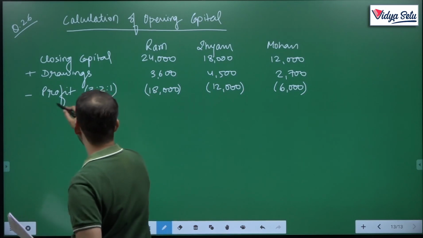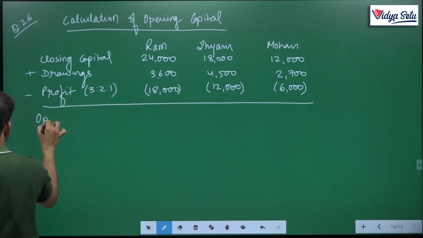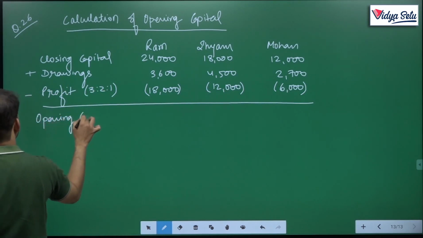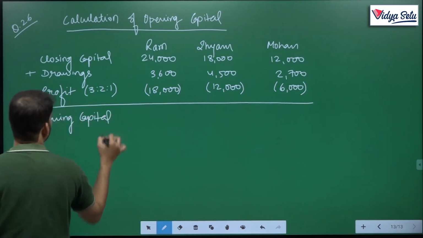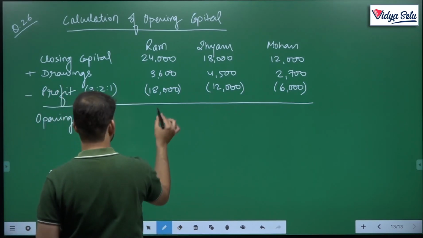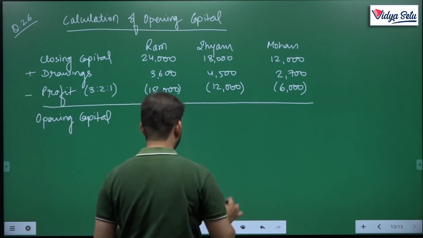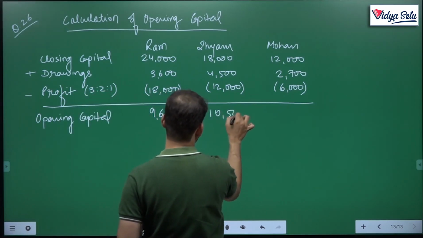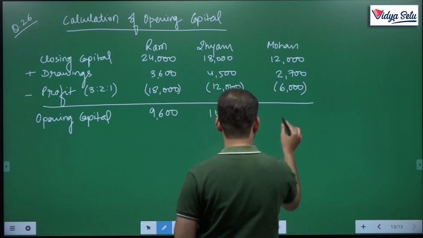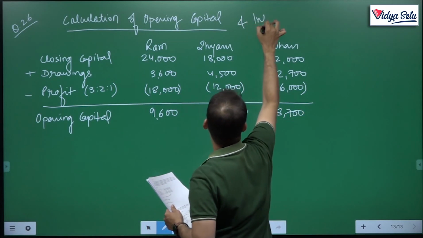So, we get our opening capital. Let us find out. 24,000 plus 3,600 minus 18,000 comes to 9,600, and 10,500, and 8,700.